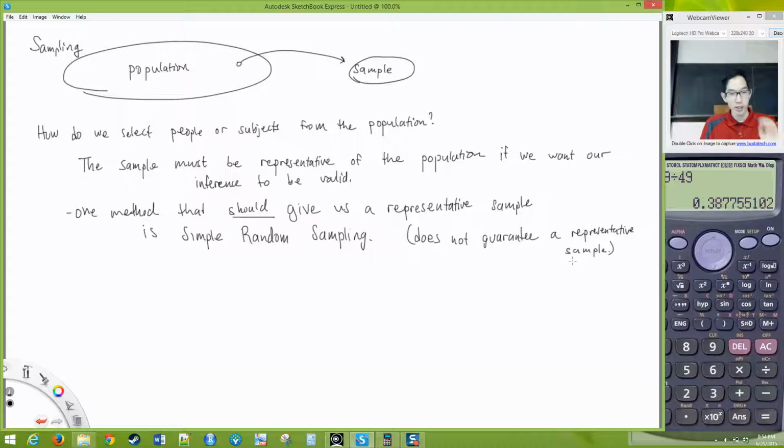And the idea behind simple random sampling, or SRS, is to start with a sampling frame.